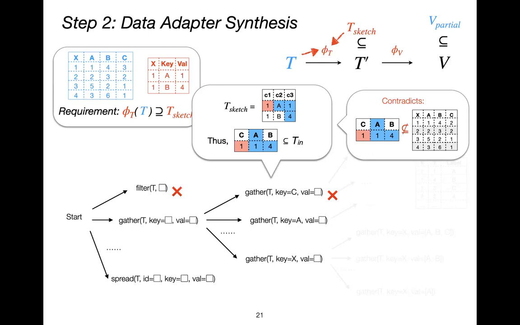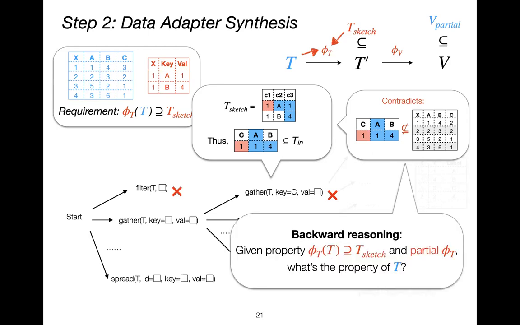Yeah, I understand this is a little bit hard to digest, so I actually have a summary here to try to make it a little bit easier to understand. This is essentially the backward reasoning process where we get the output of the demonstration, and we get the partial programs. We're asking what property the input table must satisfy in order to satisfy the constraint.